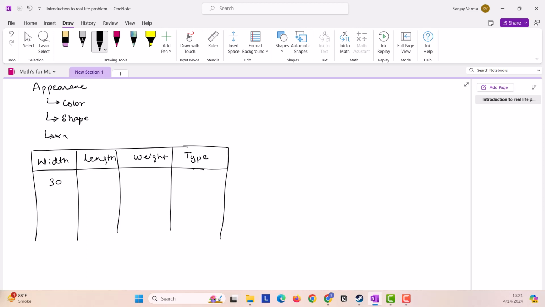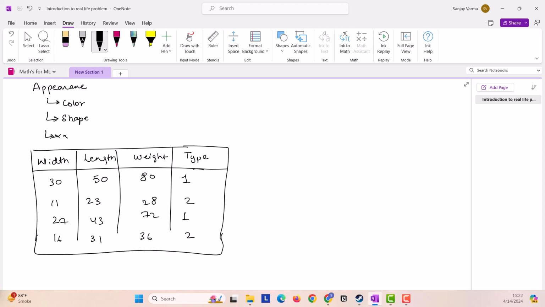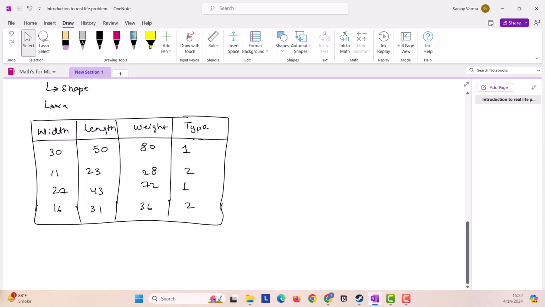What is the type of the fish? So these are hypothetical numbers. Okay. So this is the data. So what will be the first intuition to solve? How can you solve this problem?